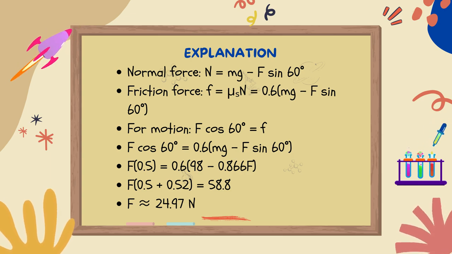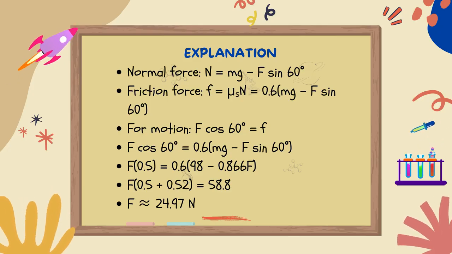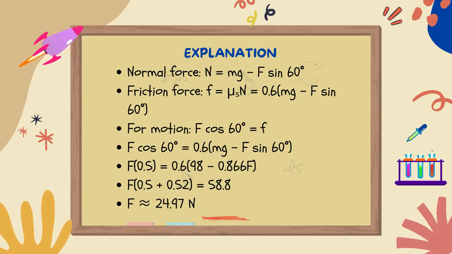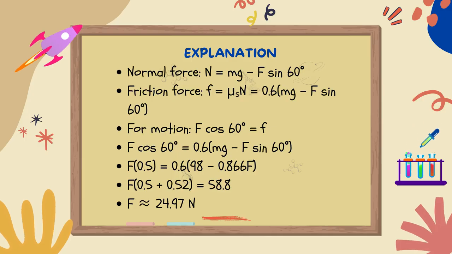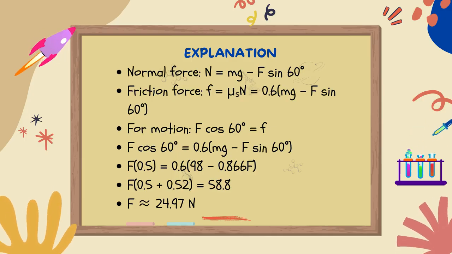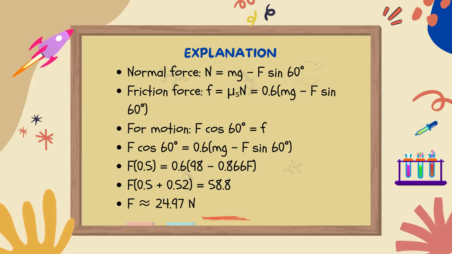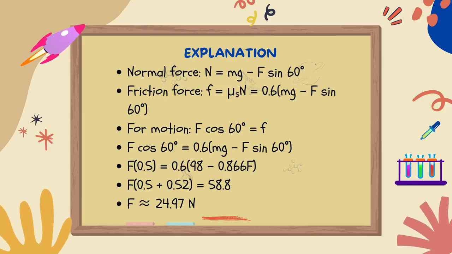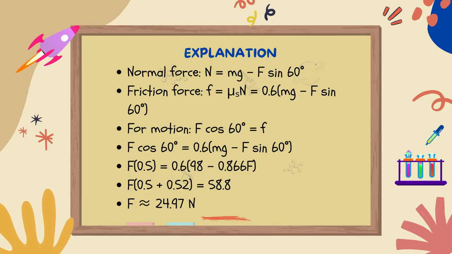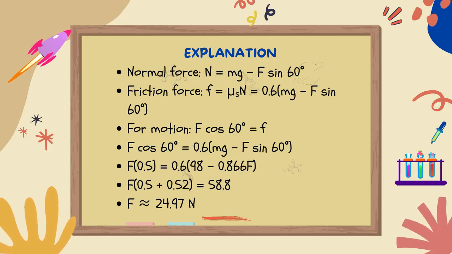F times 0.5 equals 0.6 times (98 minus 0.866 times F). F times (0.5 plus 0.52) equals 58.8. F is approximately equal to 24.97 N.